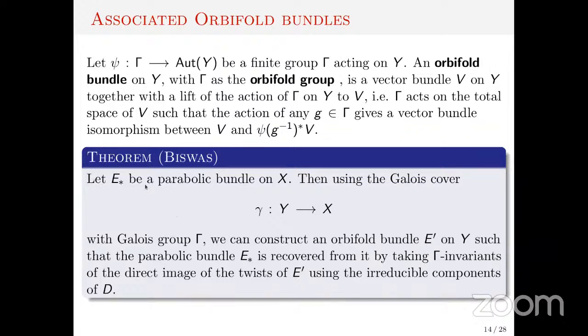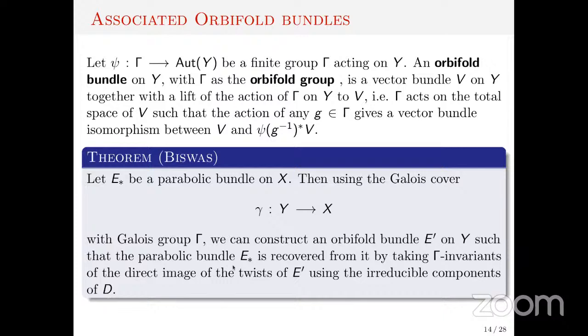And this is a theorem due to Biswas: if E star is a parabolic bundle on X, then using the Kawamata cover with a finite Galois group, one can construct an orbifold bundle E prime on Y, such that the parabolic bundle E star is recovered from it by taking the Gamma invariants of the direct image of some twists of E prime, using the irreducible components of the effective divisor D.